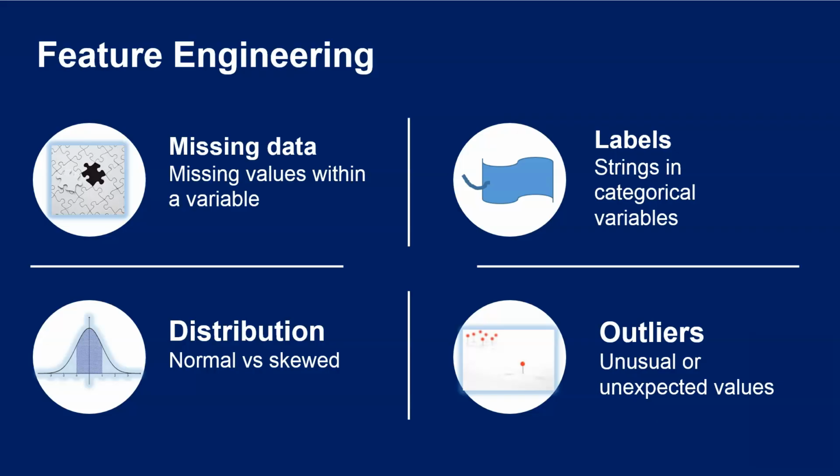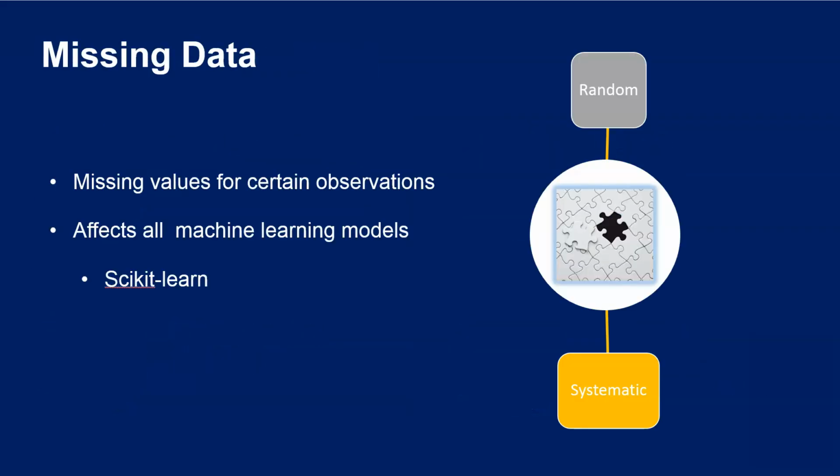that same variable. So missing data, as I said, is the absence of values for certain observations within a variable. And it affects, of course, all machine learning models, in the sense that we can't really feed observations to a machine learning model that contain missing values, not if using scikit-learn at least. So there are a variety of reasons why data could be missing.